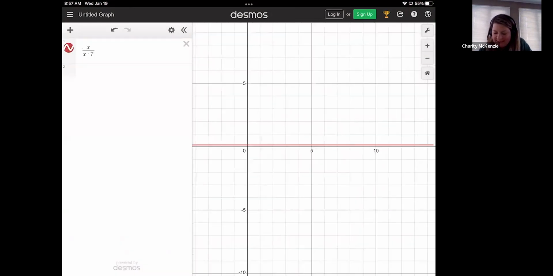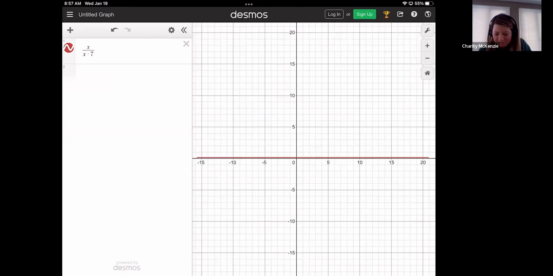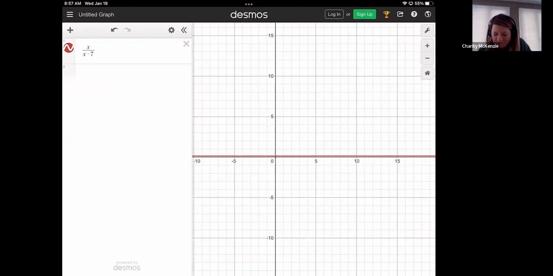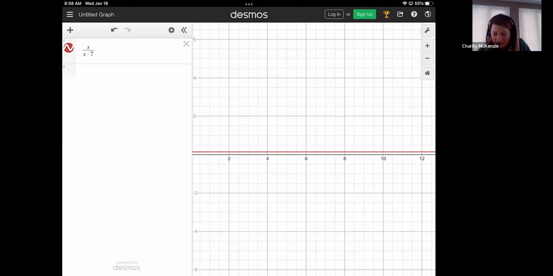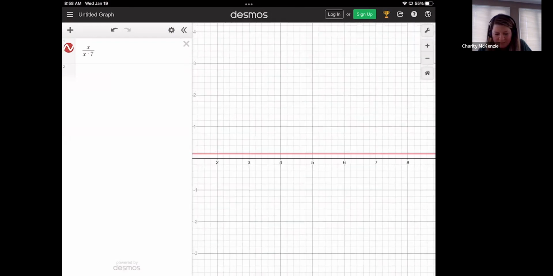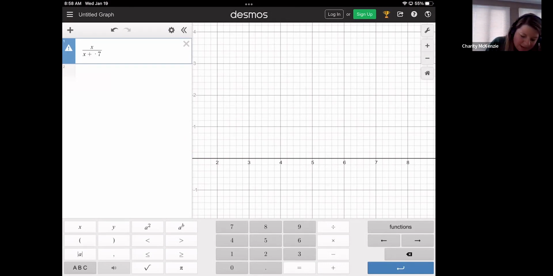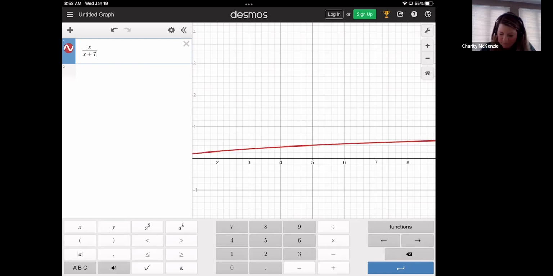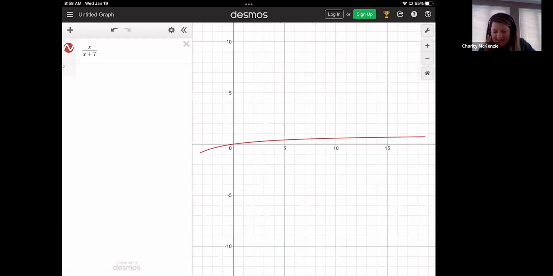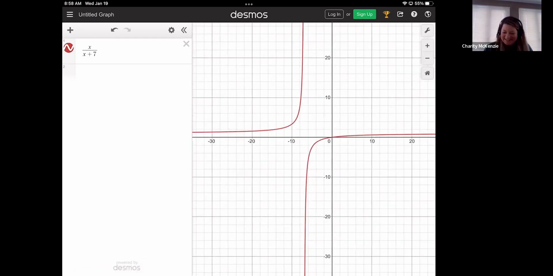So we can see, oh, I was like, that's totally not the right graph. I'm like, where's the asymptote? Oh, and I can't get it to kind of go towards the bottom. Maybe if I use the pencil, perfect.